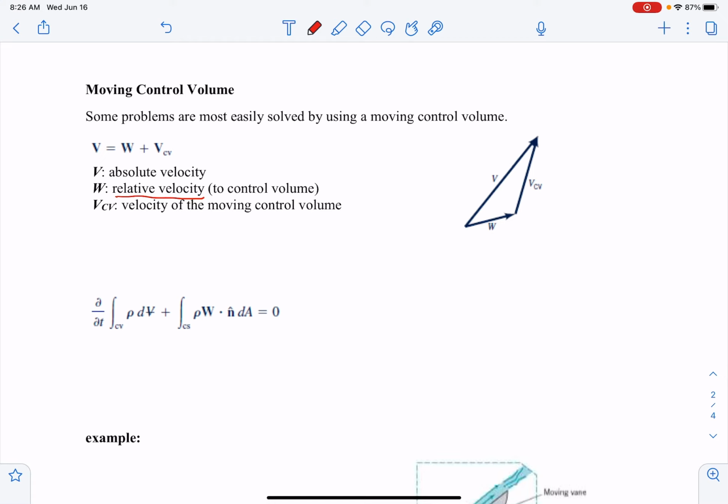So we say that V is the absolute velocity, and W is the relative velocity. VCV is going to be the velocity of the moving control volume. And for a system and a moving non-deforming control volume, if we apply the Reynolds transport theorem, it leads to this equation right here.